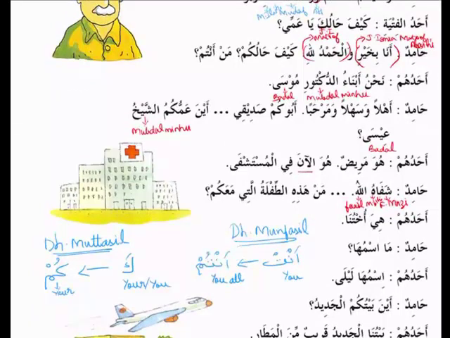And also if you see in damir munfasil, they're also giving you ana, which means I. Okay, and what is the plural? If I have to say we, how will I say we in Arabic? Nahnu. Correct? Nahnu. And if you see in damir muttasil, what is the equivalent of it?